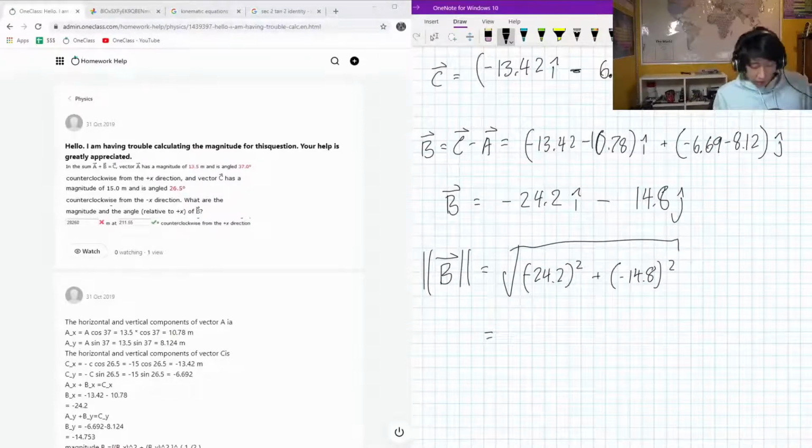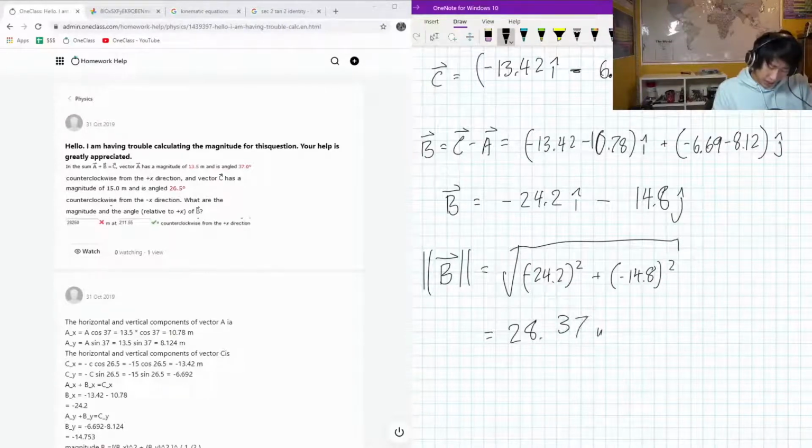This will be the square root of 24.2 squared plus 14.8 squared, and that is 28.37 meters. And it's going to be positive. Magnitudes are always positive. Okay, so that's good.